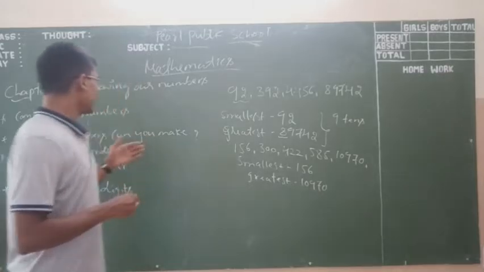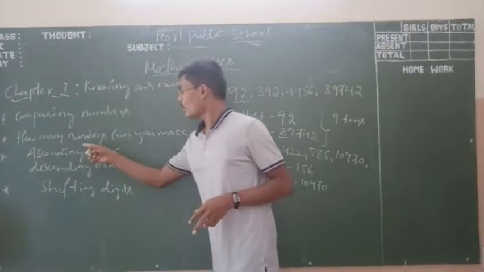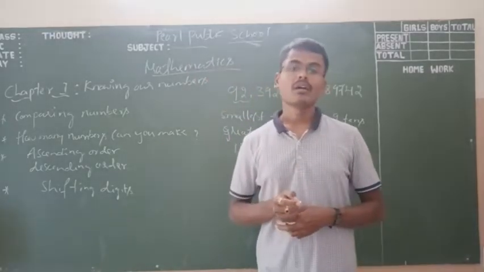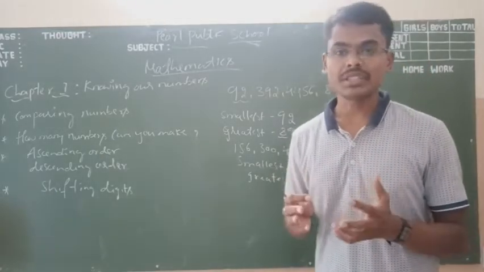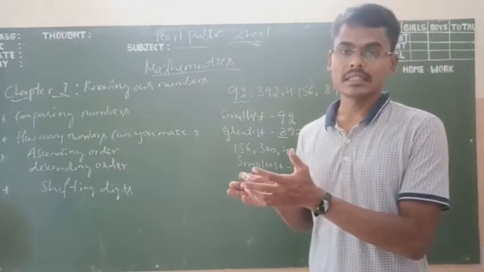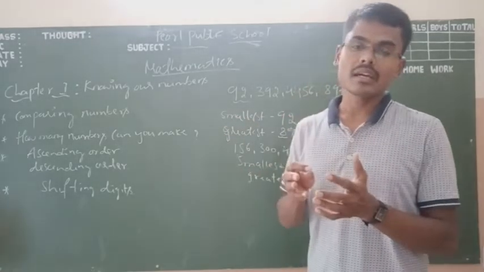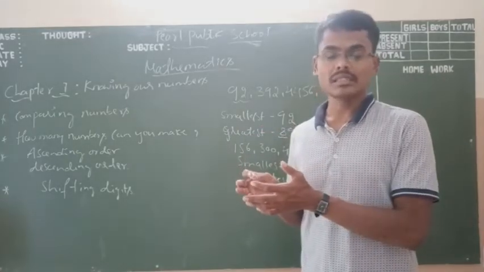Then the next one I have written here is, how many numbers can you make for a given number without any repetition of its digits? Can we make the smallest and the greatest number? Yes, it is possible.